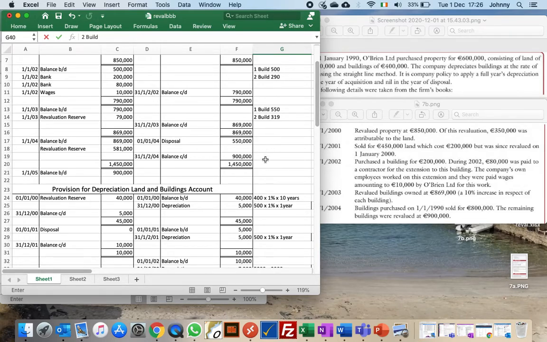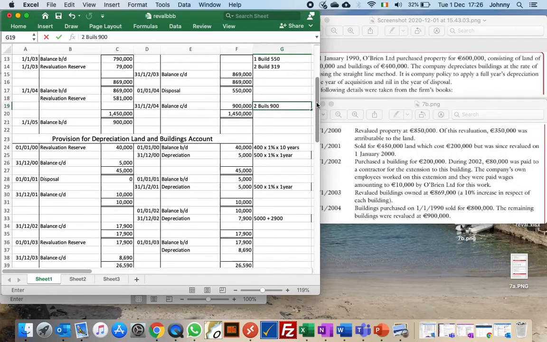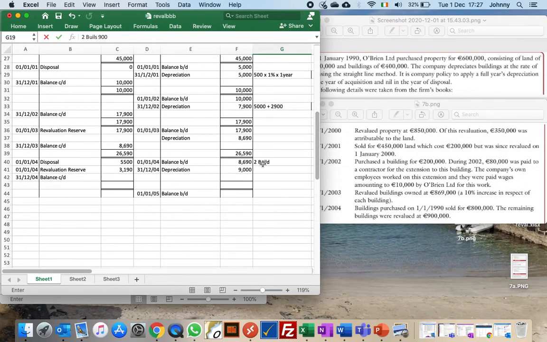I've decided to revalue it, and now that building is worth 900 when I've done my revaluation. So that 900 becomes relevant for my depreciation.